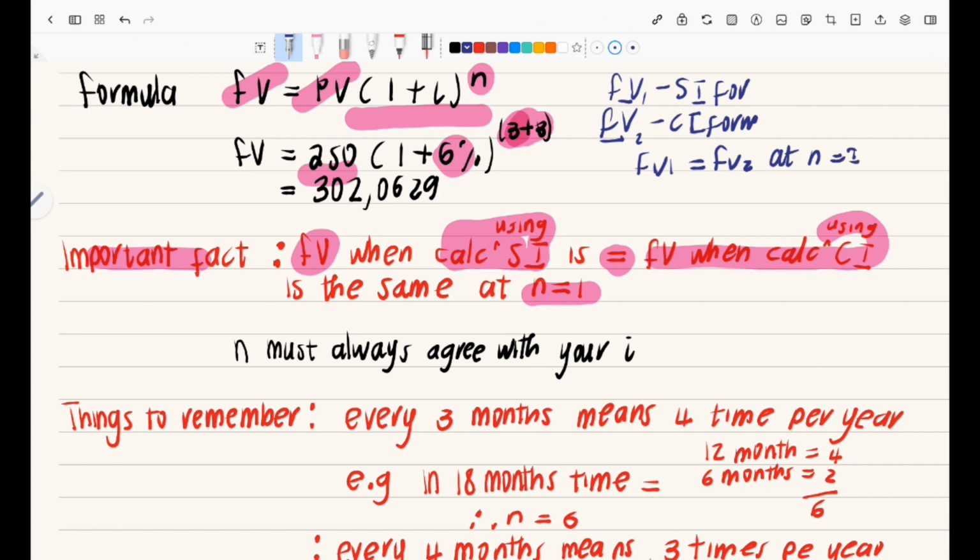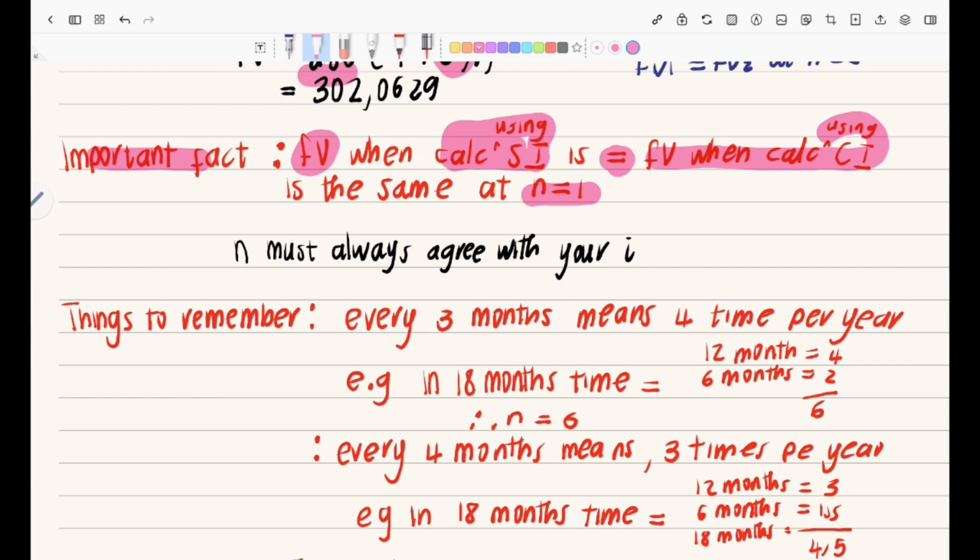So at the first time period, the future value that I would get using the simple interest formula and the future value that I would get using the compound interest formula at time period 1, those two values are the same, right? So just to emphasize, my n should always agree with my I, right?